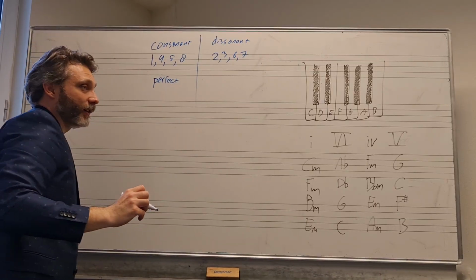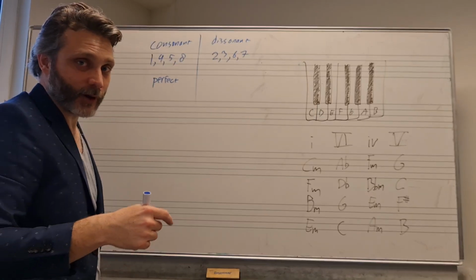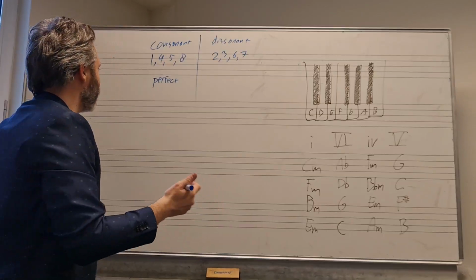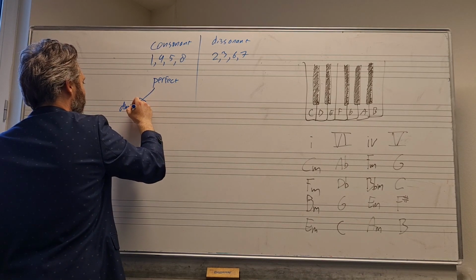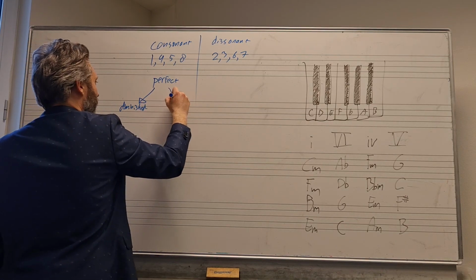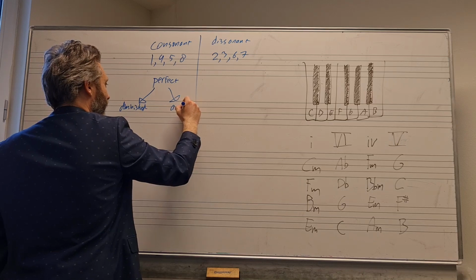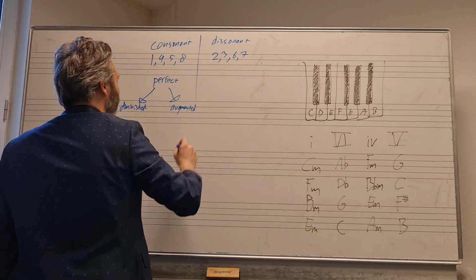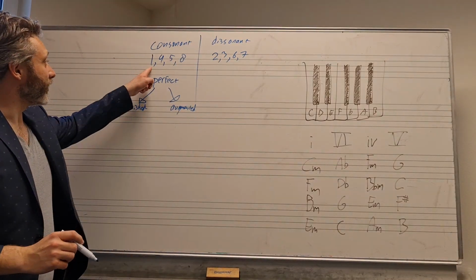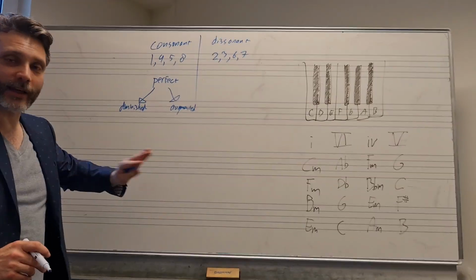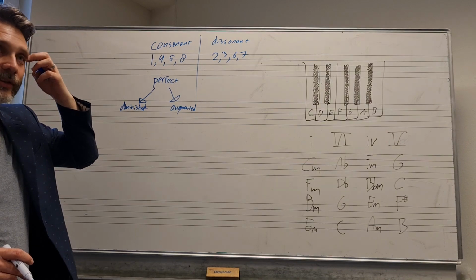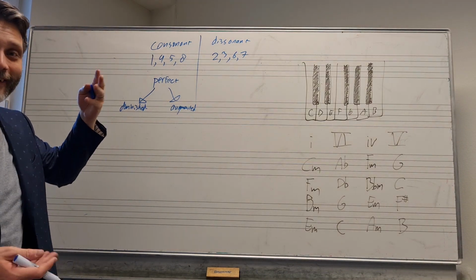However, if you want to lower it or raise it, which we sometimes do, we will either say it's diminished or augmented. These intervals are the same in every major and minor scale, at least until we get to jazz.